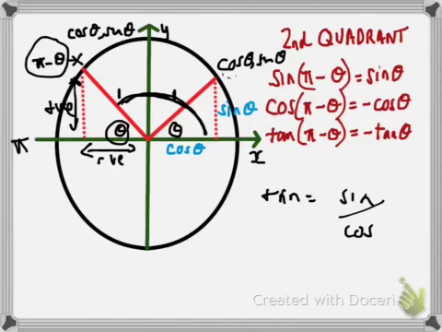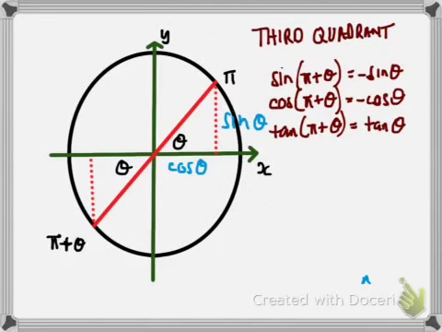Let's move on to the third quadrant. Here it is. Okay, now once again, a bit of repetition here, but stick with me. All right, that point there was defined as cosine theta, comma sine theta.